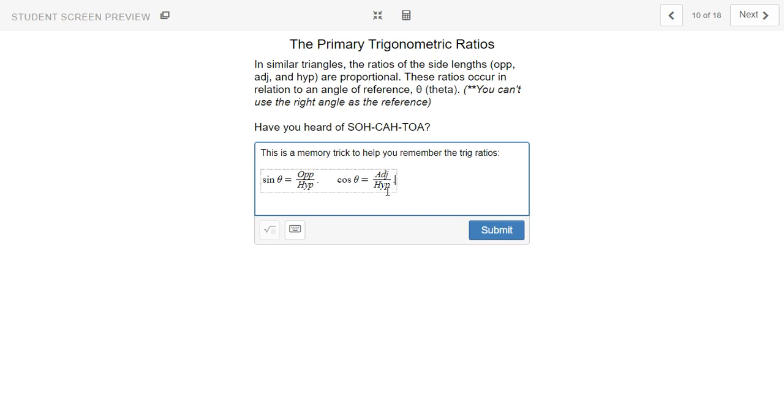And once again, with this memory trick, I have C for cosine, A for adjacent, and H represents hypotenuse. Finally, we have TOA, and that is for my tangent. Tan theta is equal to opposite over adjacent. So T for tan, O for opposite, and A for adjacent.